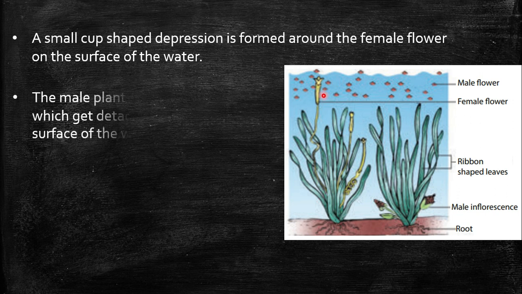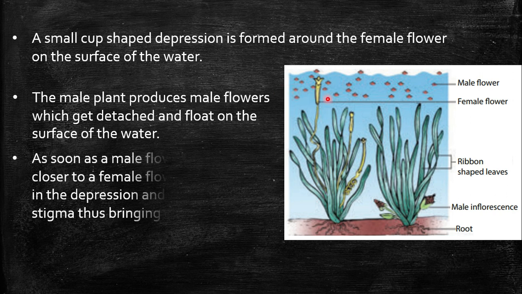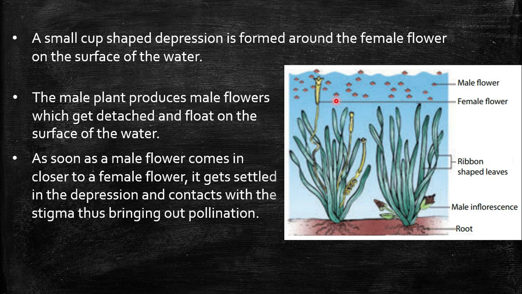Then the male plant produces male flowers which get detached and float on the surface of the water. As soon as a male flower comes close to a female flower, it settles in the depression and contacts the stigma, thus bringing about pollination.